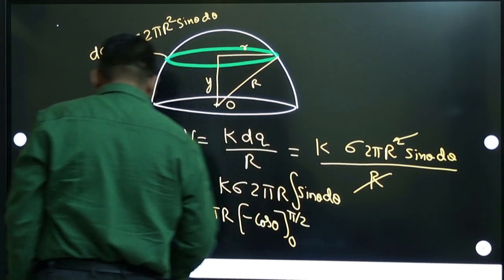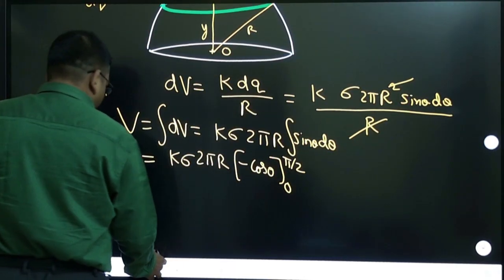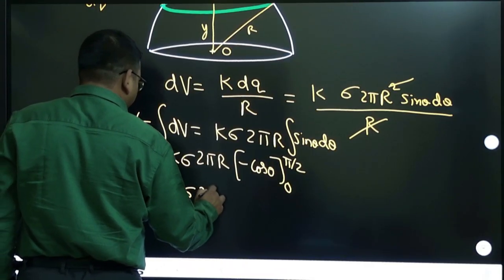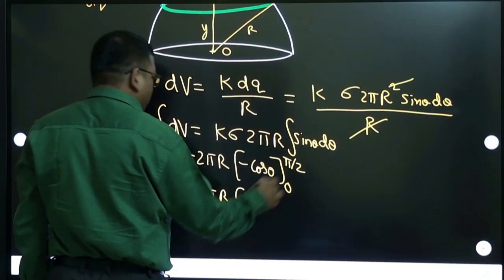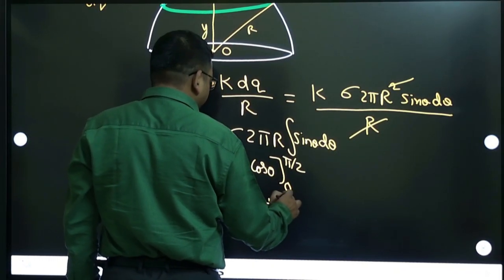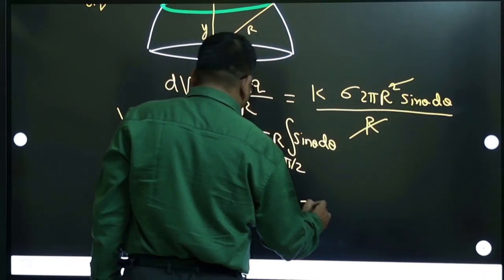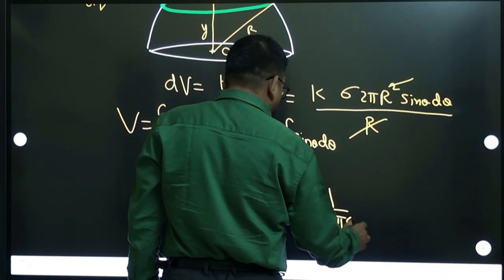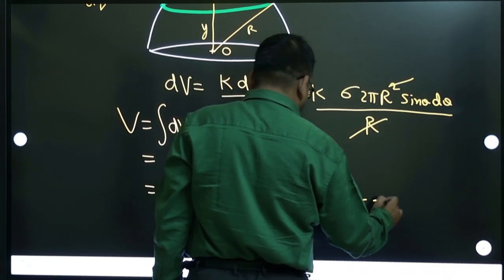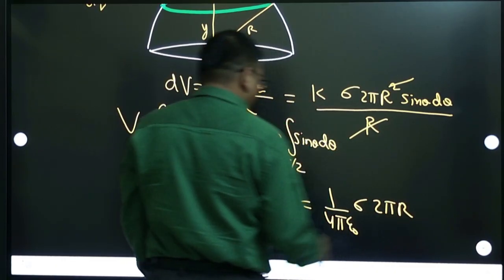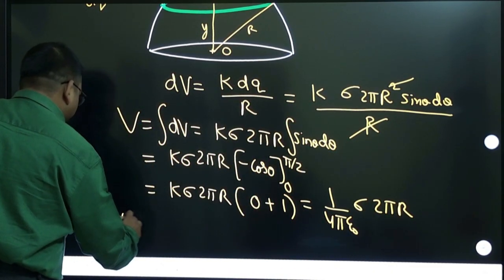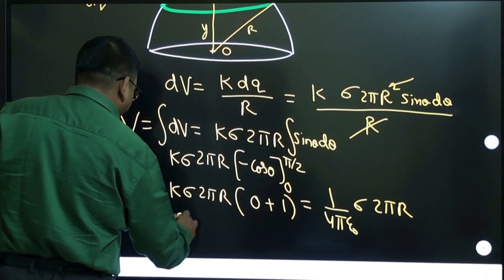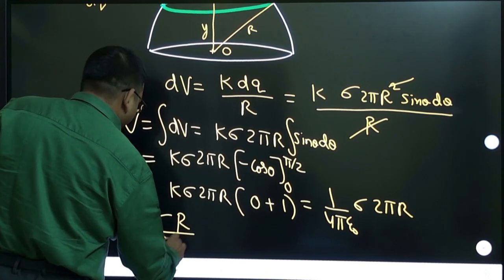So the result: k sigma 2 pi r, cos 90 becomes 0, minus plus cos 0 is 1. Writing k as 1 by 4 pi epsilon naught, things get cancelled, and sigma 2 pi got cancelled. So sigma r by 2 epsilon naught.